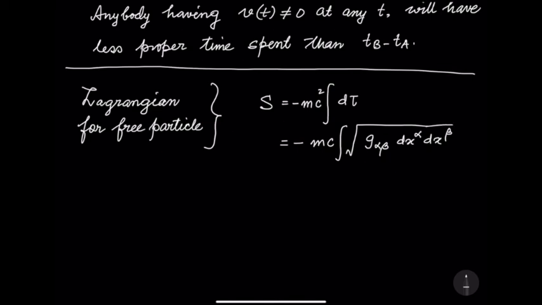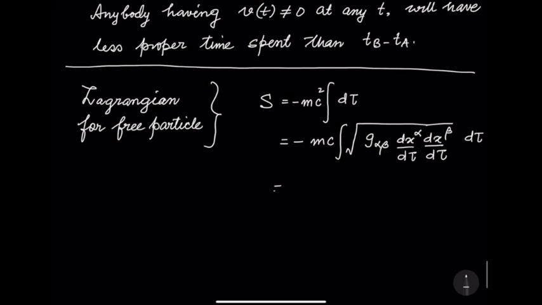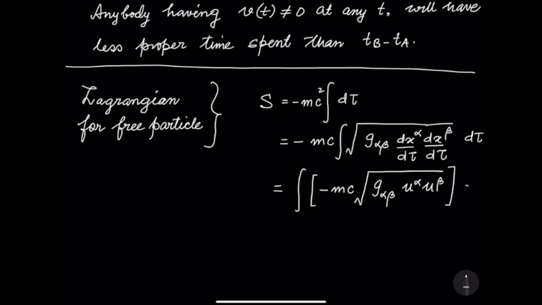One more clever trick, I divide both of this by tau, and then I get a tau here, which let me write in the following way: integral of minus mc root over g alpha beta dx alpha dx beta by d tau, which is nothing but the four velocities u alpha u beta, and then d tau.